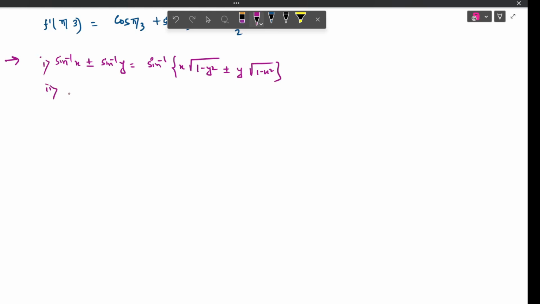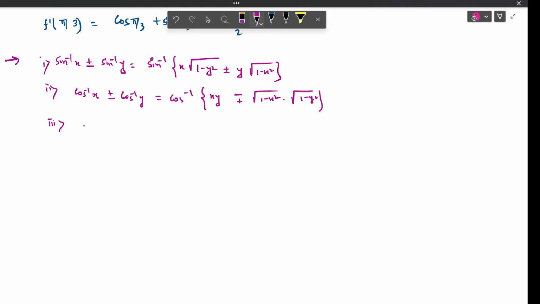Then the second formula is cos inverse x plus minus cos inverse y equals cos inverse of xy minus plus. If here is plus, there will be minus, and if here is minus, then here will be plus. Root under of 1 minus x square into 1 minus y square.